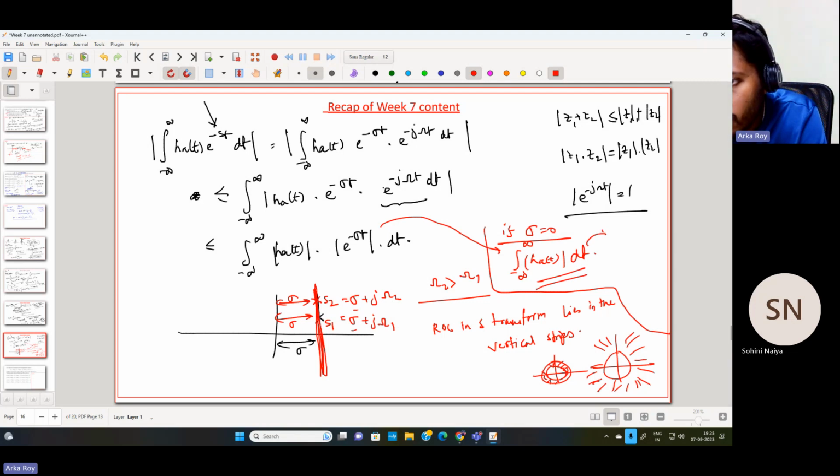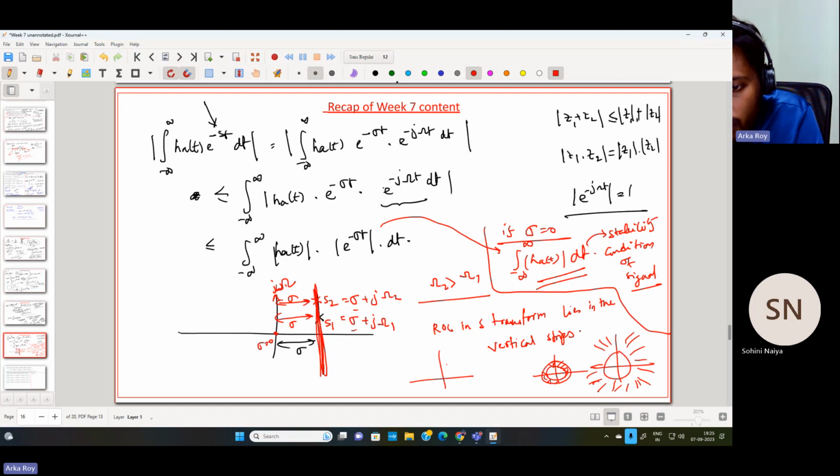This is nothing but the stability condition of the signal. Whenever the ROC of the Laplace transform encloses the j omega axis, that is sigma equals 0, then we can comment that the system or the signal is stable.